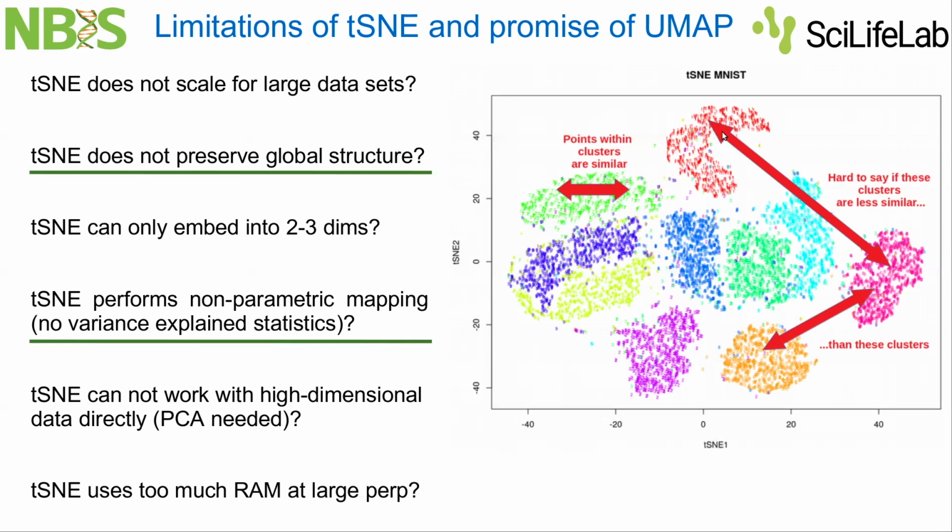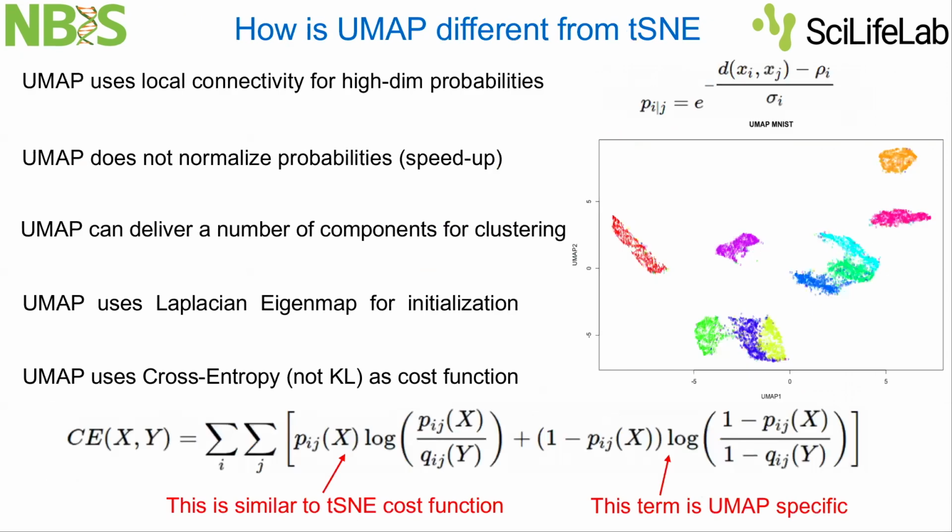It can't reliably tell you, on this 2D map, what the positions of the original clusters were in the original high-dimensional space. So that's one of the important things to keep in mind when working with t-SNE and UMAP: intercluster distances are meaningless.